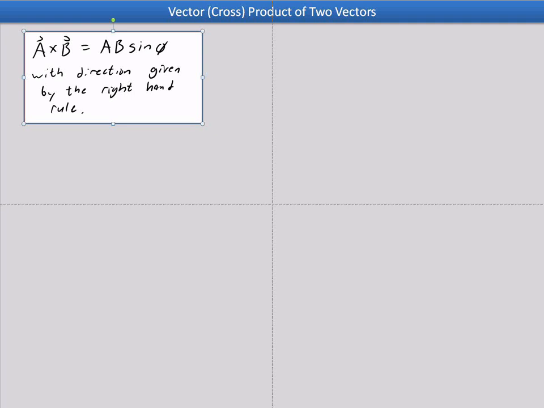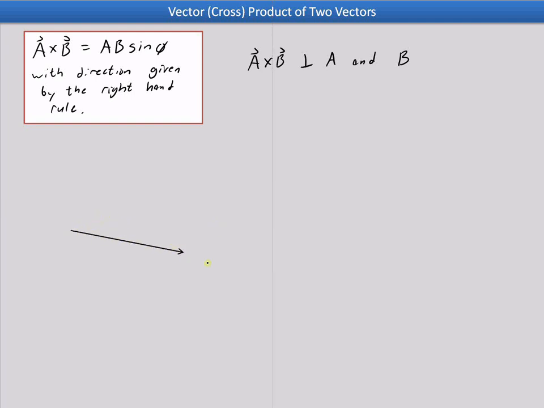So as far as the right-hand rule goes, what that means is that A crossed with B is perpendicular to A and it's perpendicular to B. So with vector A and vector B drawn, we'll say A over here, and B over here.